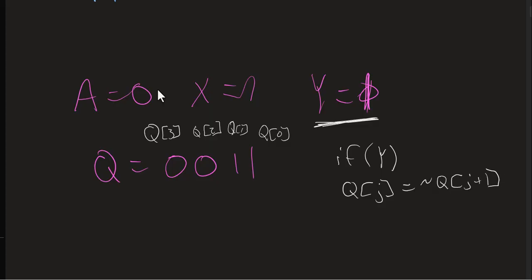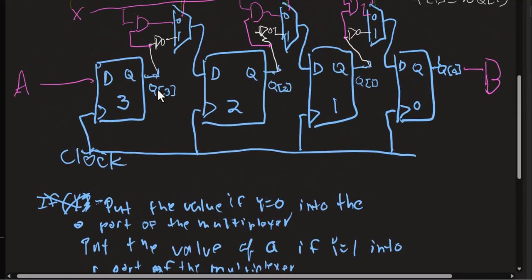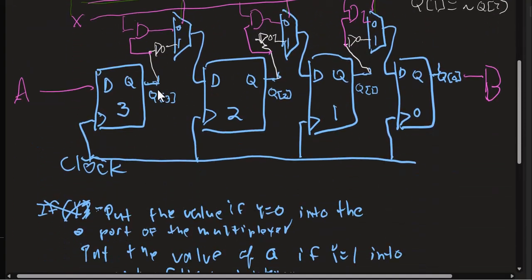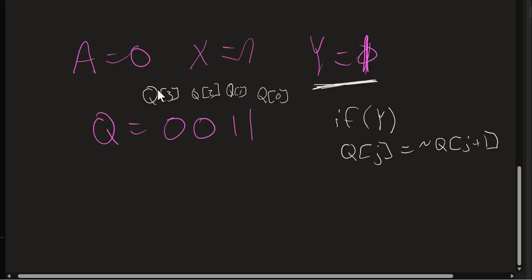If Y was changing values, we'd have to see what Y was each time. But it's not, it's always 1. So Q of J is always going to become equal to the not of the one before it. So how many clock cycles did I say? 3 states. Okay, so Q0 becomes equal to Q1, so it becomes 1.